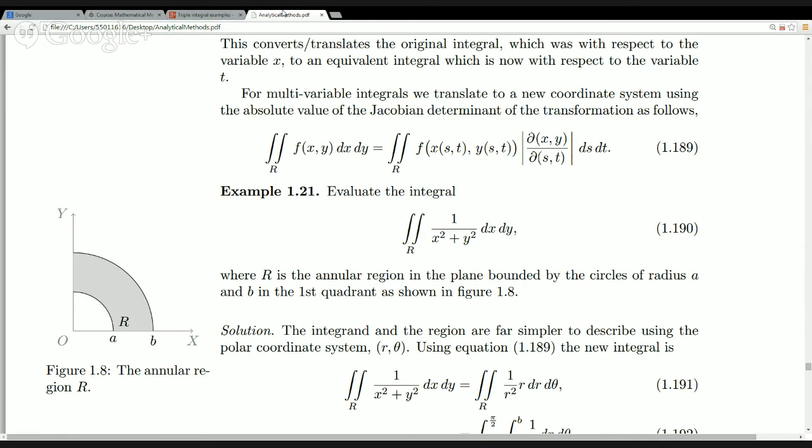Now, you remember I described to you the way to do this is to work from the outside in. So you look at your region, and you first look at the z variable, and you say, well, between what values of z do I need to cover?